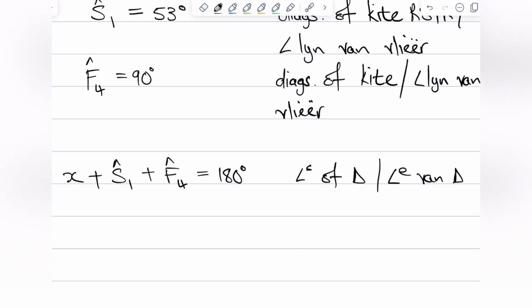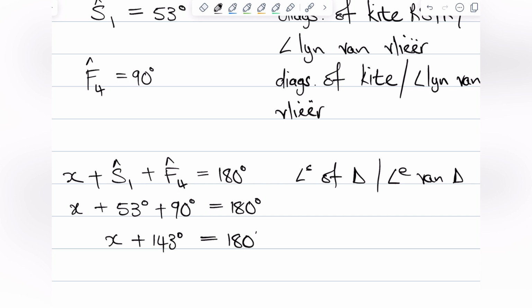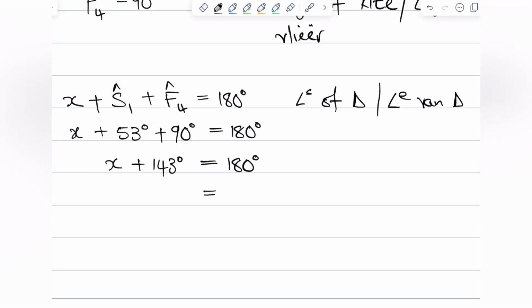But I'm going to substitute here. So x plus S1, which is 53 degrees, plus F4, which is 90 degrees, is equal to 180 degrees. And of course, I'll simplify, add that up. That's 143 degrees is equal to 180. So x is equal to 180 degrees minus 143, which gives us 37 degrees.